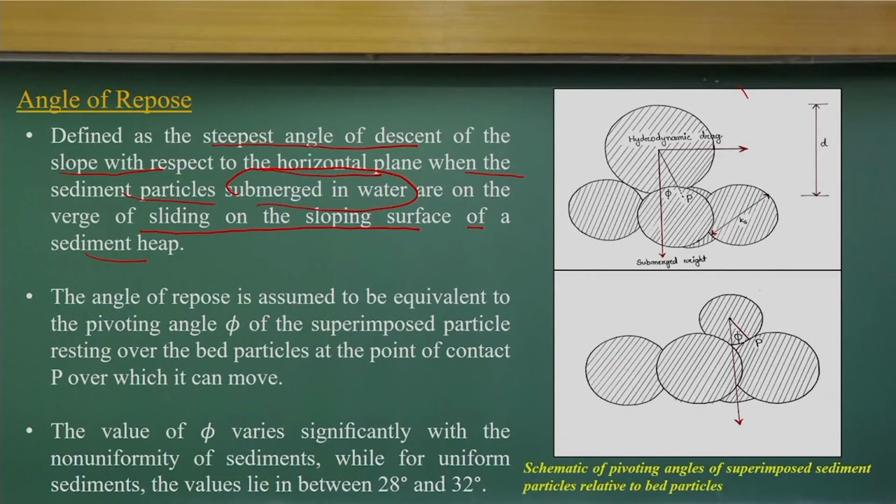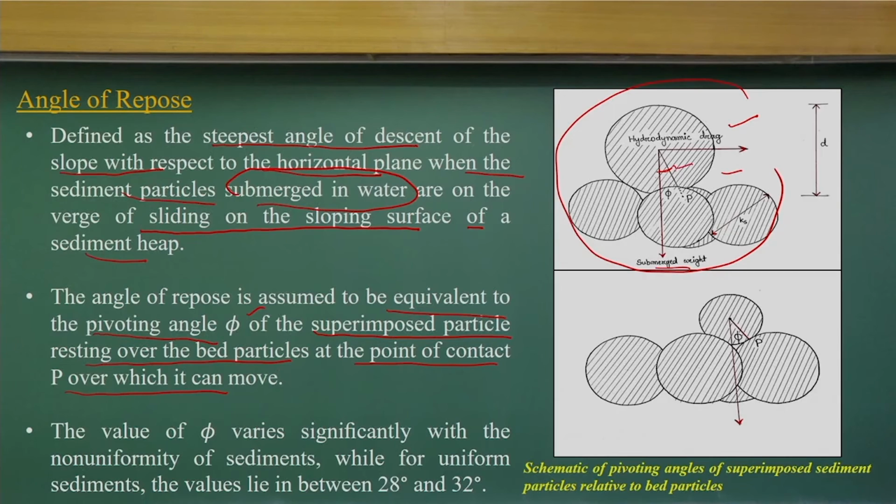Or if you look microscopically at the sand particles, there will be a hydrodynamic drag and a submerged weight, and there is a balance between them. That angle we define as the angle of repose. This is equivalent to the pivoting angle phi, where the superimposed particles rest on the bed particles at the point of contact over P. You can see this in the figure.